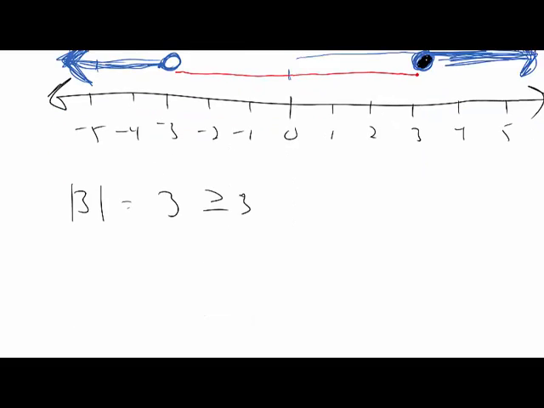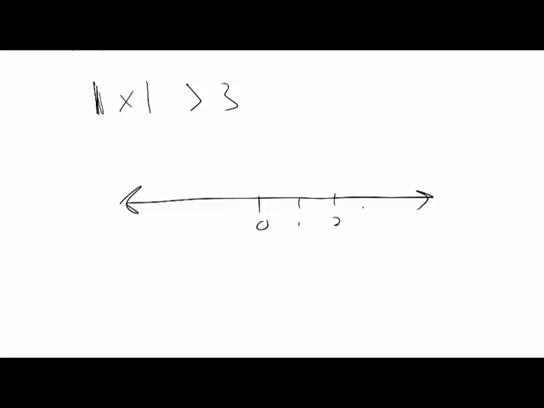So to recap, if it was x greater than 3, the answer would look like this. 1, 2, 3, and it'd be an open circle here, and you fill in everything to the right of it. And then you go -1, -2, -3. You have an open circle here, and you fill in everything to the left of it.